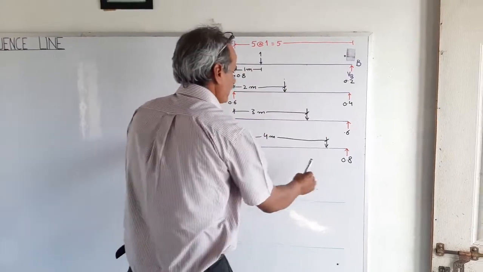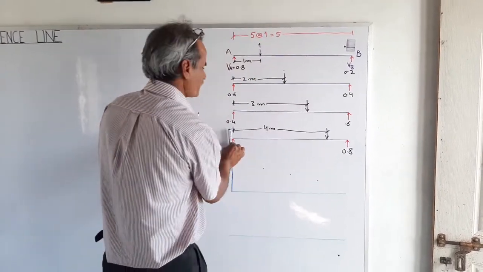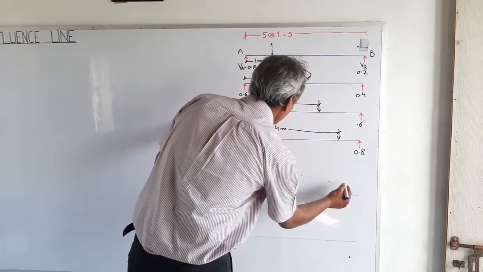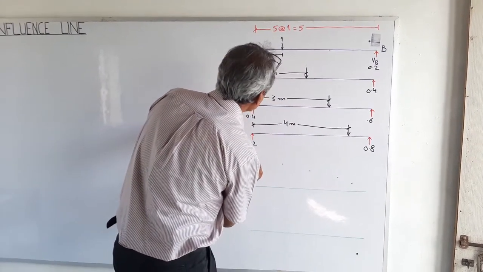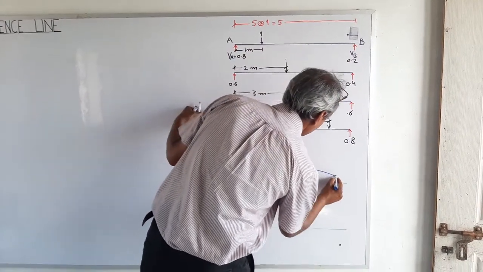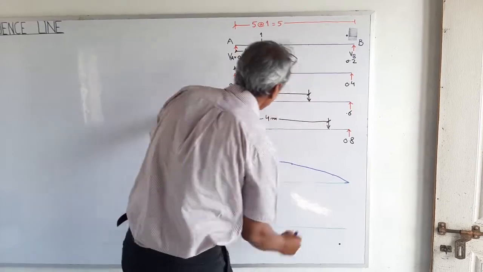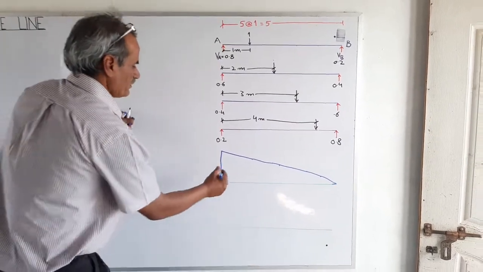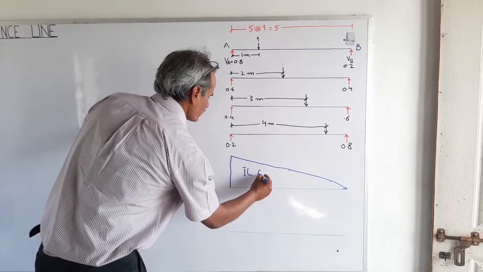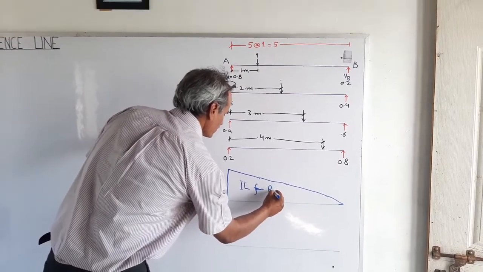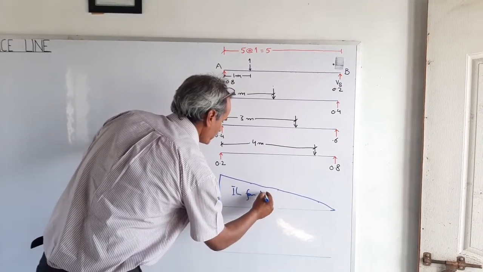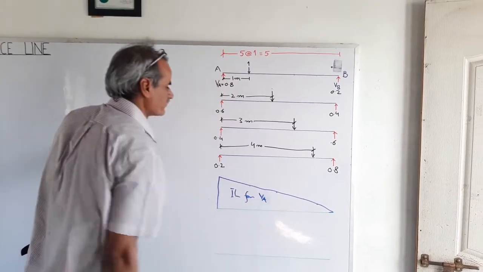And when our load is at 4 meters from spot A, the reaction has reduced to 0.2, and hence this is the influence line for the vertical reaction at A.